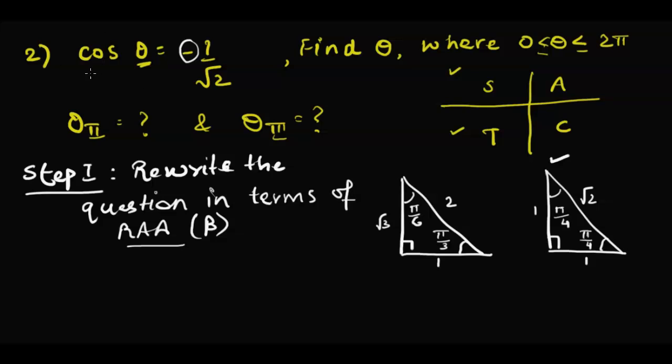So here we can write cos theta as cos beta. However, always remember, whenever we rewrite the question in terms of related acute angle, the ratio becomes positive, because the related acute angle ratio is always a positive ratio. Therefore, we have cos beta as 1 over root 2 with a positive sign.